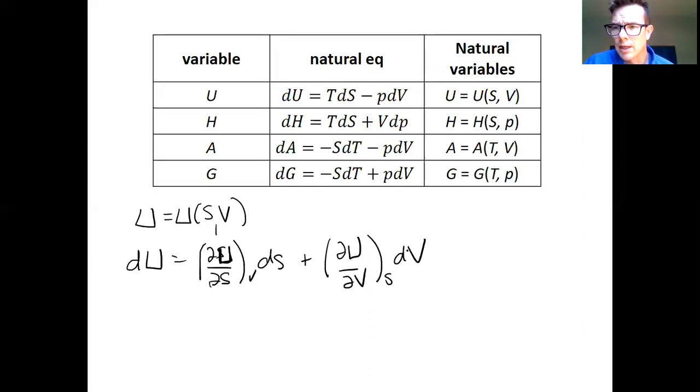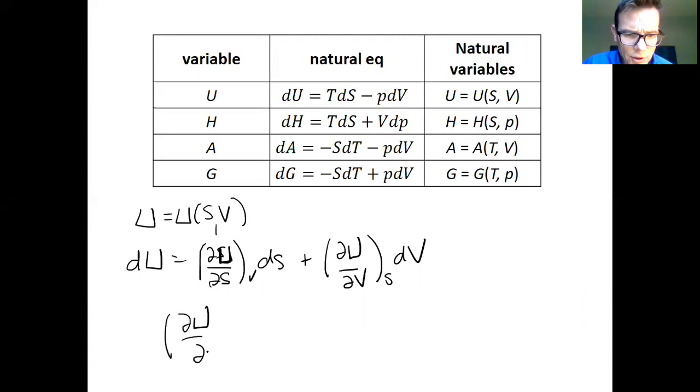Again, this just comes from a definition. This is what I mean by a total differential, and I can write it once I define the variables associated with my function. I then look at this expression for the total differential, and I compare it with the natural equation.